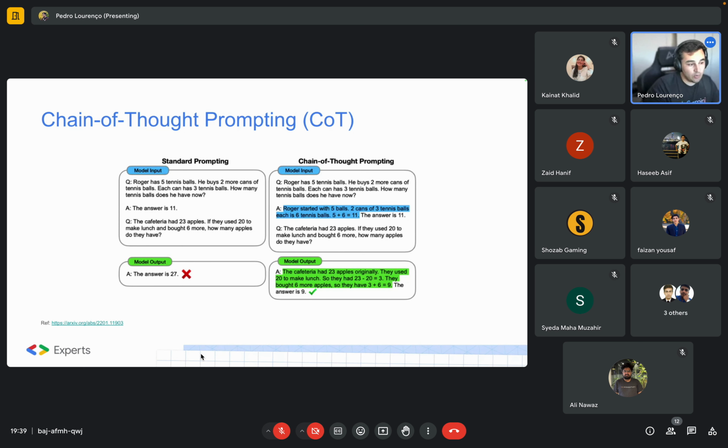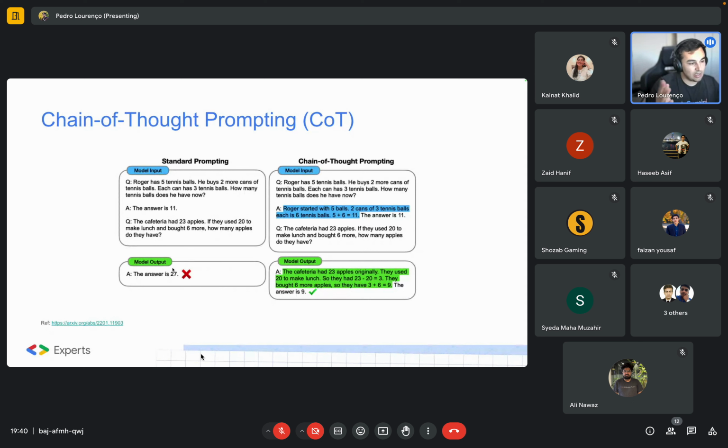So let's go to the standard prompt. Imagine this problem. The cafeteria had 23 apples. If they used 20 to make lunch and bought 6 more, how many apples do they have? And the model answered, the answer is 27. Just another hallucination, because they had 23 and used 20, so they had only 3, and now plus 6, so the answer should be 9.